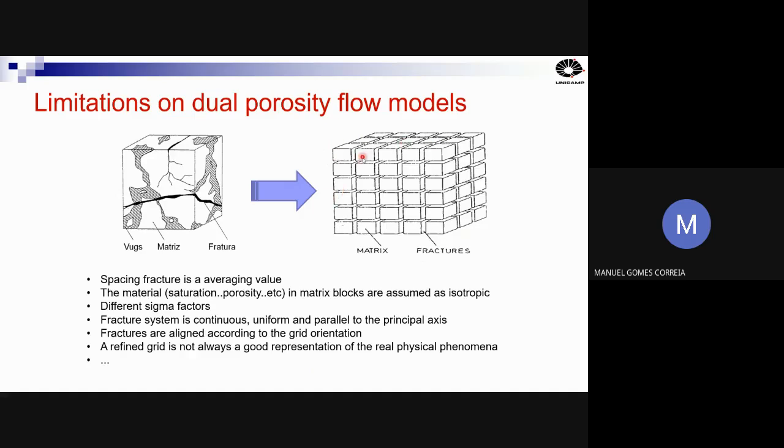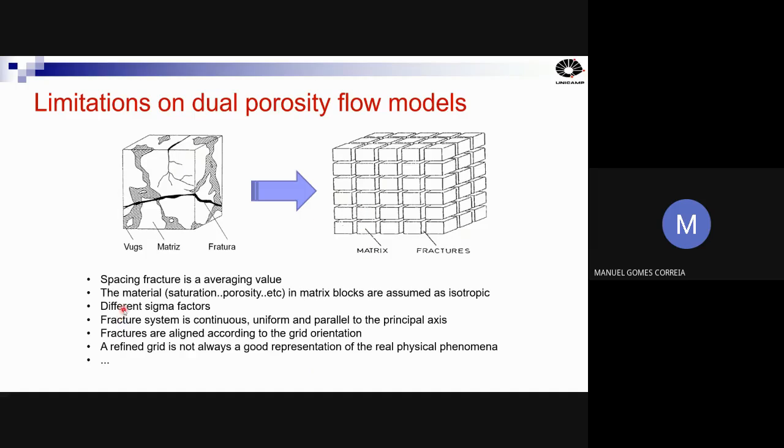So a very uniform, continuous and parallel fracture system, okay? So this is a huge transformation. So it is normally expected that we lose a lot of representation when we carry this data from geological models to flow simulation, okay?